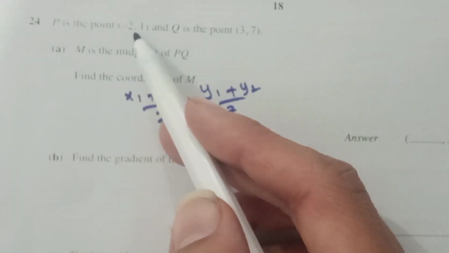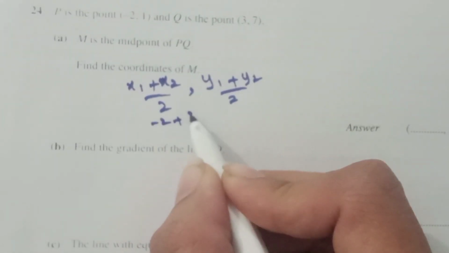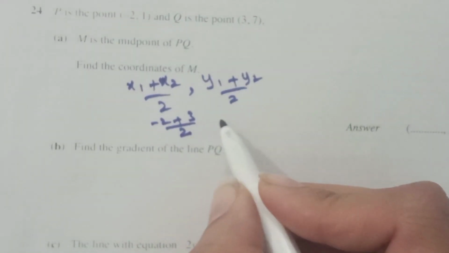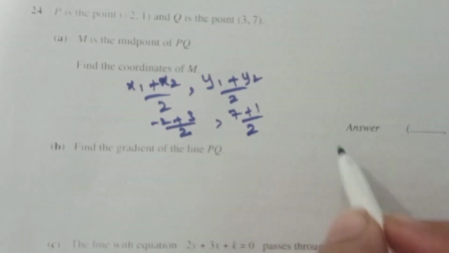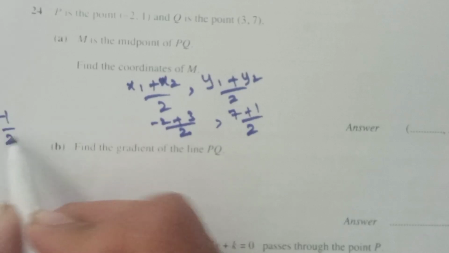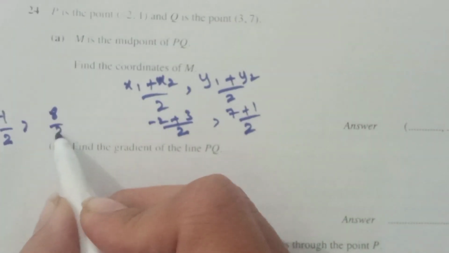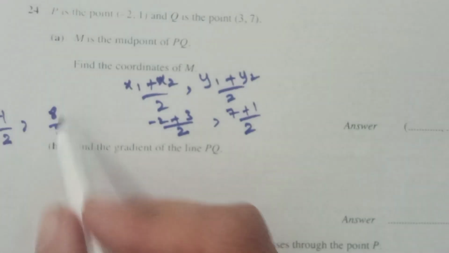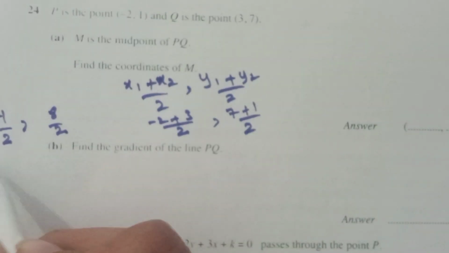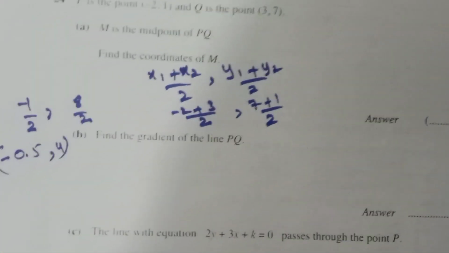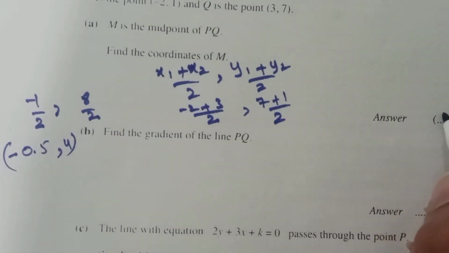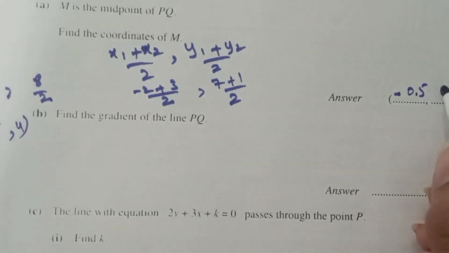We write minus 2 plus 3 divided by 2, and 7 plus 1 over 2. We get minus 1 by 2 and 8 by 2. By dividing we get minus 0.5 and 4. These are the coordinates of the midpoint. We can also write minus 1 by 2 or minus 0.5, and the second one is 4.